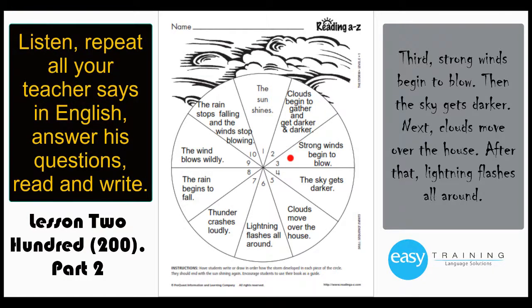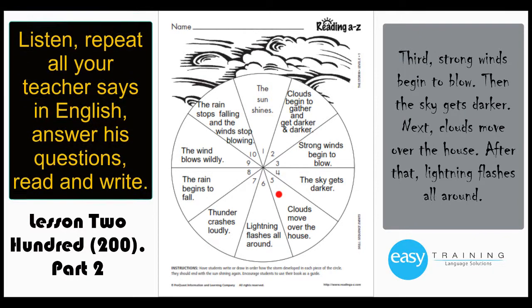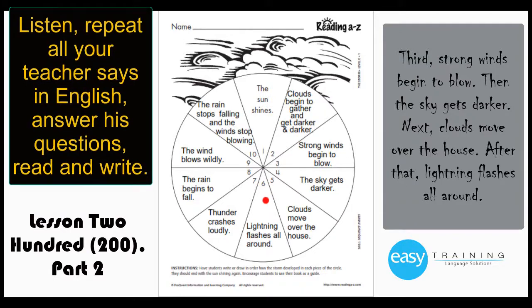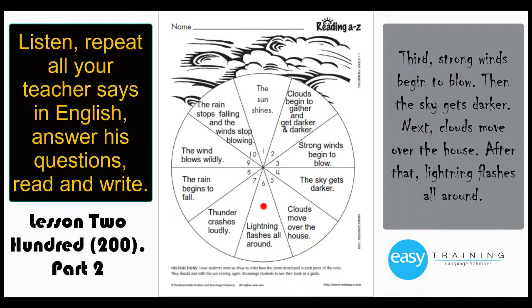Third, strong winds begin to blow. Then the sky gets darker. Next, clouds move over the house. After that, lightning flashes all around.